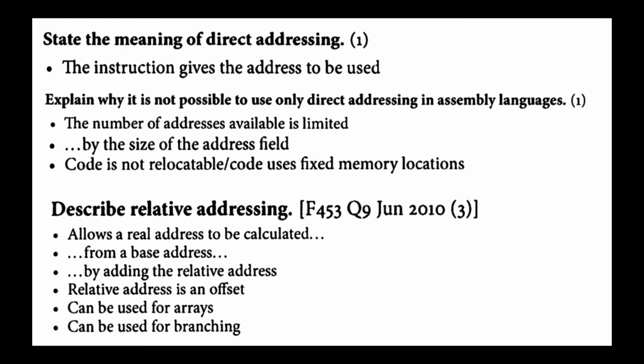So I'll answer it by saying it allows a real address to be calculated from a base address by adding the relative address, which is an offset, and it can be used for an array and for branching. So that would hopefully get you all the marks, and it includes all the points actually.